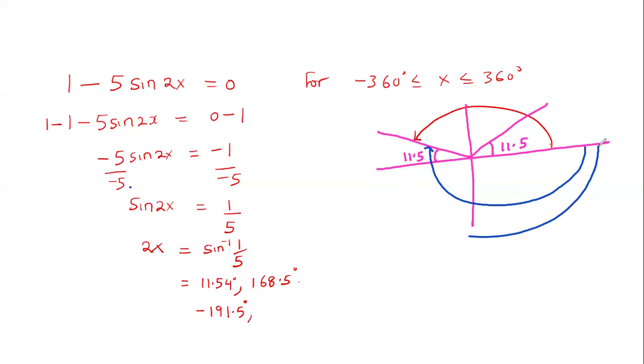After getting that angle, we shall also get the remaining angle: 360 minus 11.5. So the angle will be negative 348.5. Okay, thank you.